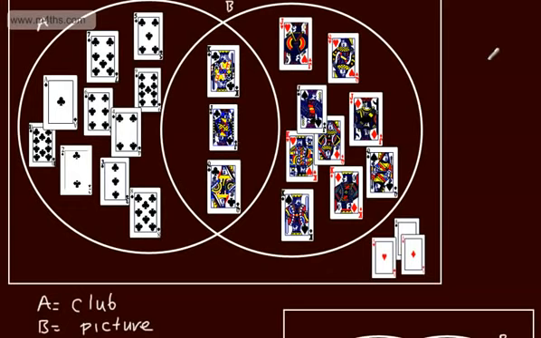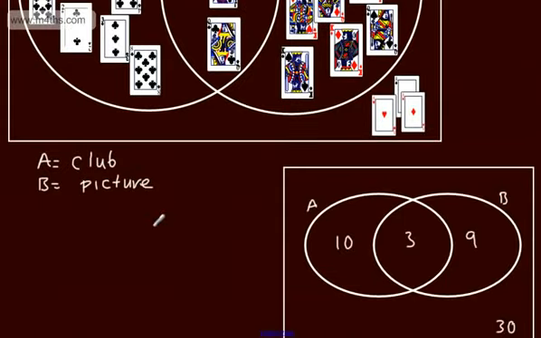So we're going to have a probability of 3 over 12, which we could break down to 1 over 4. So given that it is a picture card, the probability that it's a club is 3 over 12 or 1 over 4, as we're considering picking from B and we are looking only at the intersection.